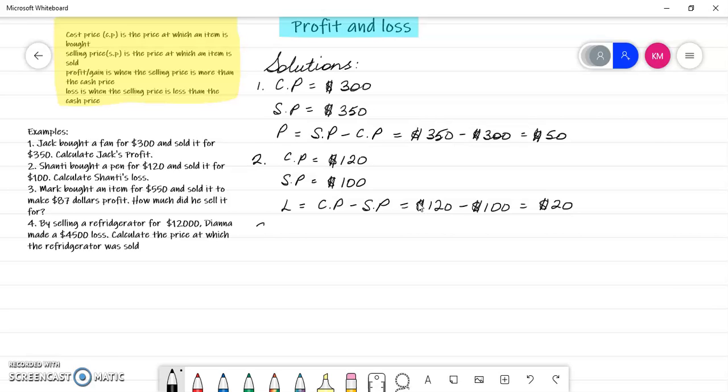Number 3. Mark bought an item for $550 and sold it to make $87 profit. How much did he sell it for? So this one is a bit different. I'm going to still write here my cost price, and my cost price is $550.